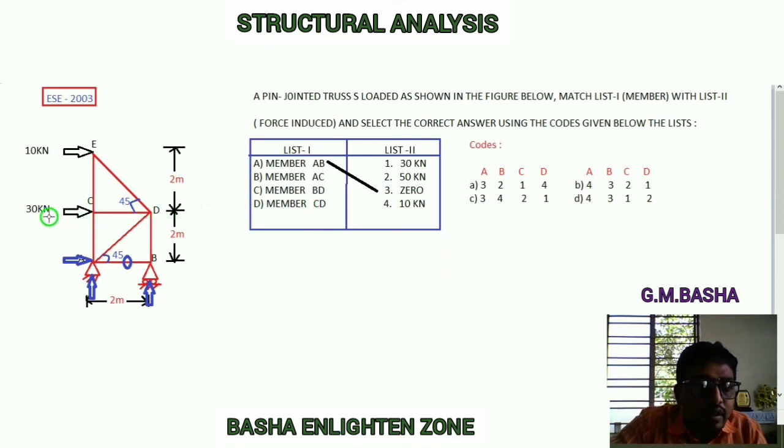Already there are 2 forces acting in the same line, that is vertical, and 2 forces acting horizontal at joint C. I am considering this joint C. At this joint, if I am resolving, sigma H will be equal to 0, and I am assuming some direction, whatever it may be, either compressive or tension.